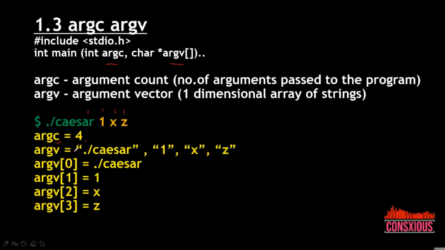The argument vector is this one: ./caesar 1 x z. For the vector, we also can have an index. So index 0 is ./caesar, index 1 is 1, index 2 is x, index 3 is z. That's how we derive from the command line these two terms, argument count and argument vector.